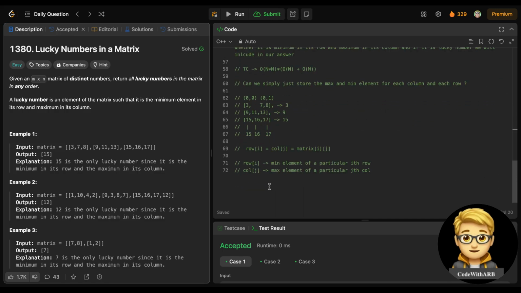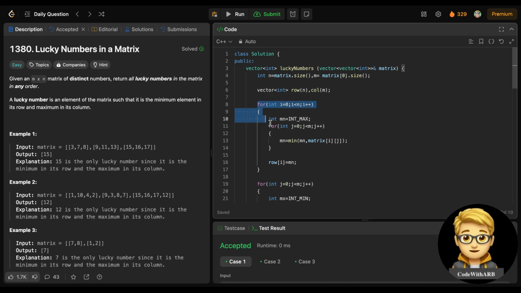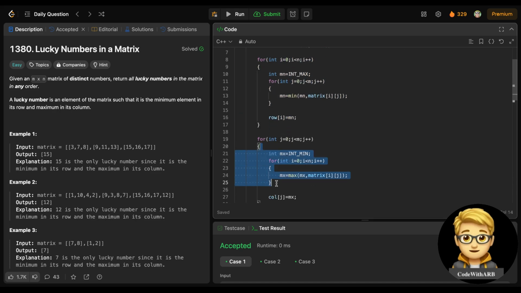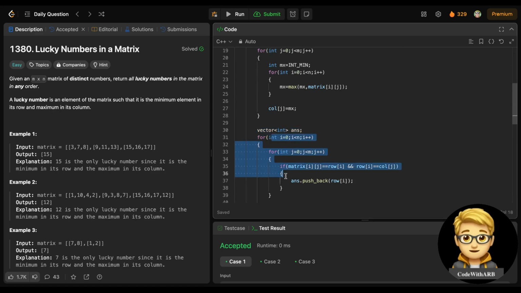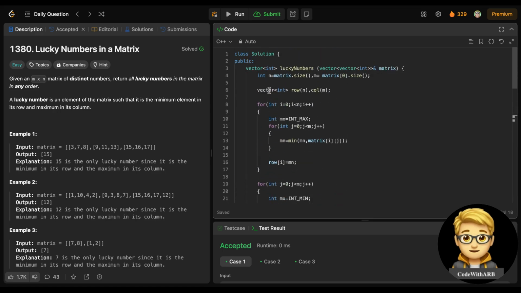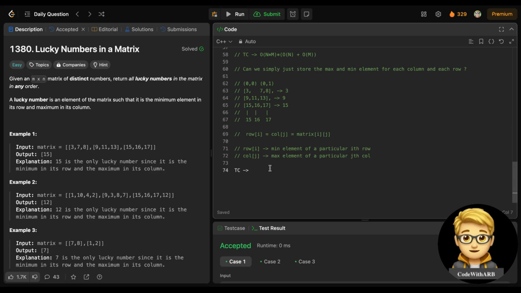So what would the time complexity and the space complexity be? Time complexity: we iterate one time, again one time, again one time. So this is three times we are iterating over the whole matrix for storing. So that will be 3 into O of n into m, so basically it is ultimately O of n into m, right?